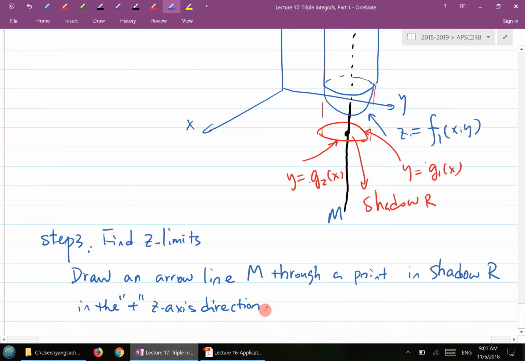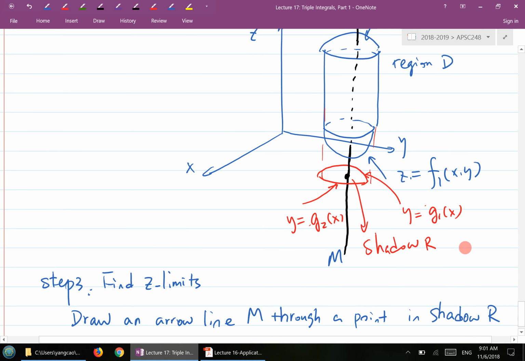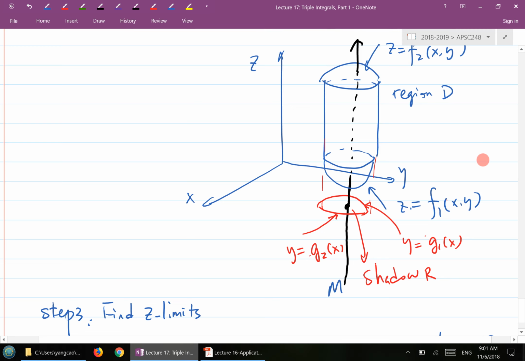Okay, so that's what you draw. Basically from here go up. This is basically what we call the first step of the scanning through this region D.